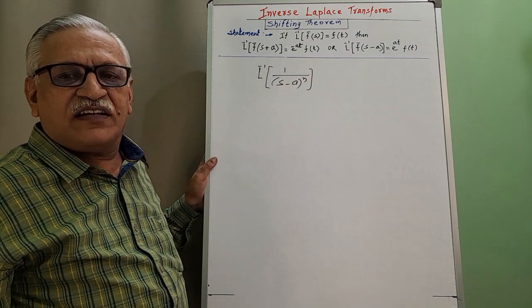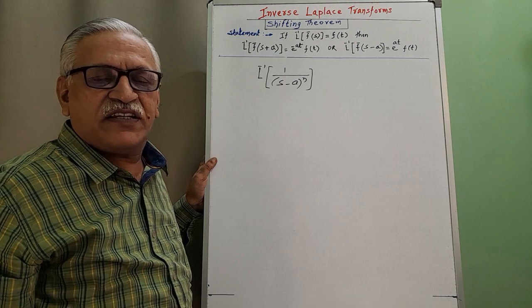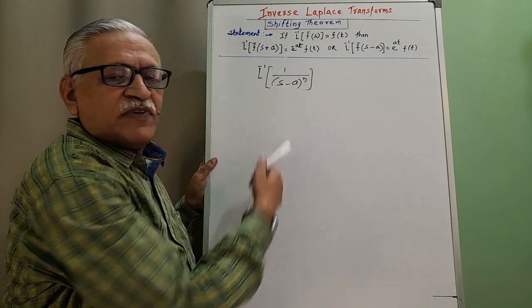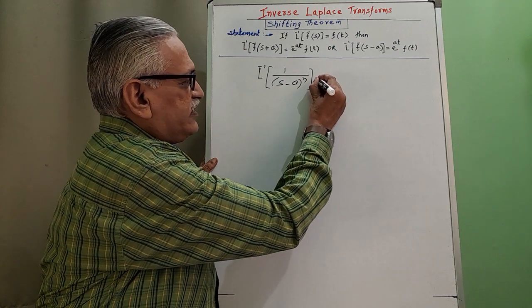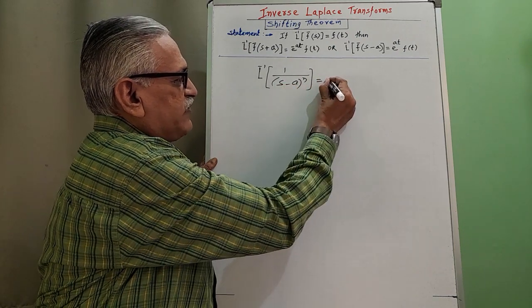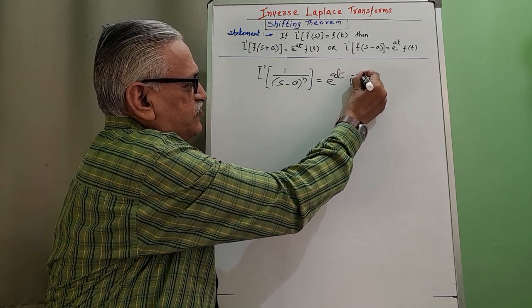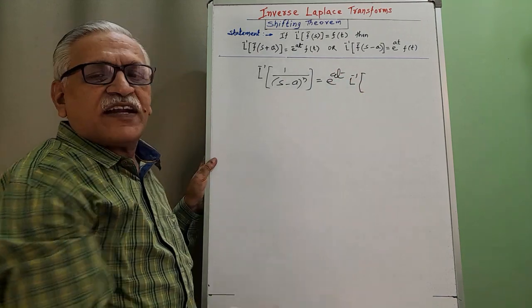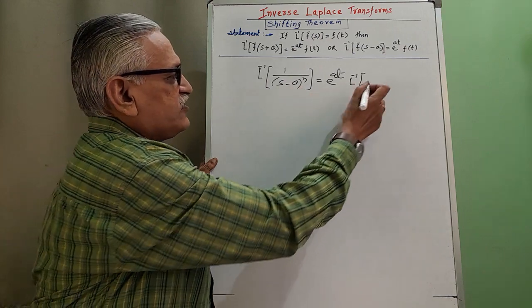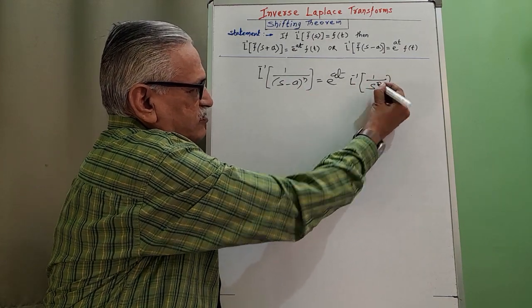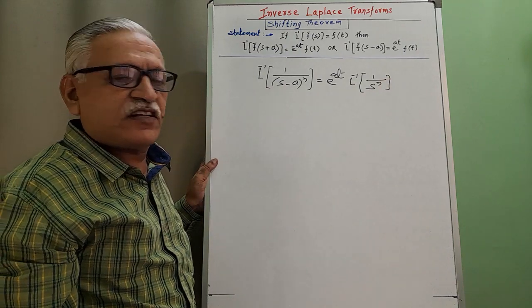As here s is replaced by s minus a, it becomes a problem of shifting theorem. And whenever it is replaced by s minus a, we have to multiply by e raised to at to inverse of, neglect that a, remaining term is 1 upon s raised to n. We have to obtain the inverse of that term.